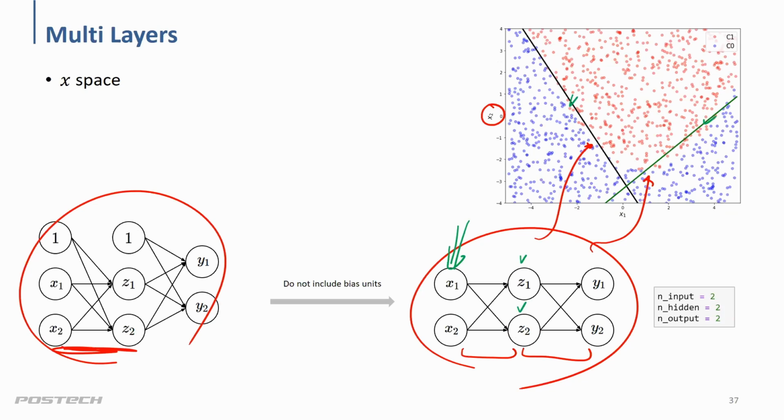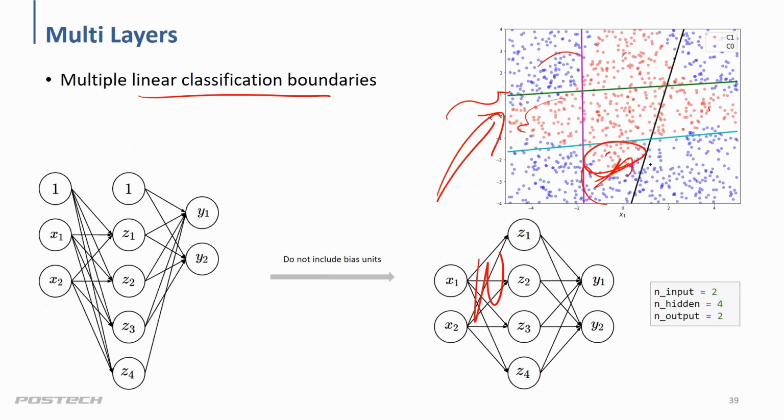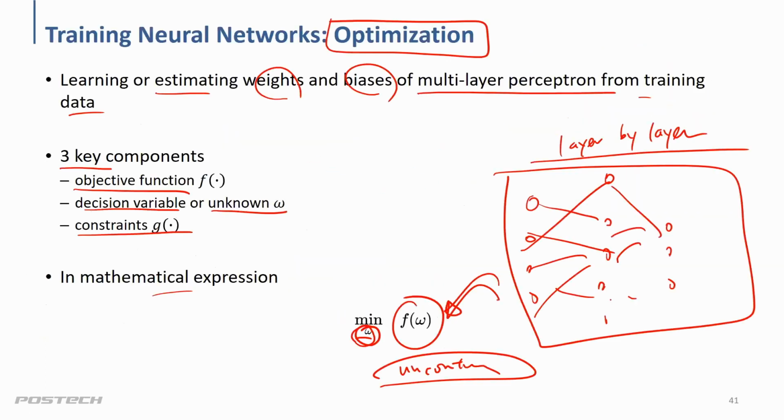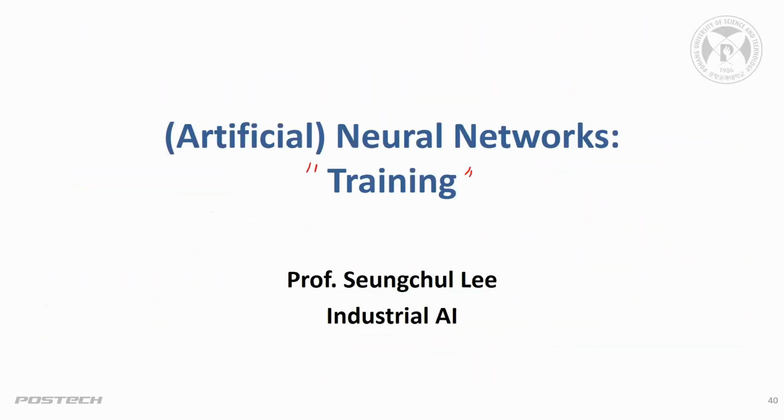So that's how you are supposed to think and take a look at each layer. And if we add more neurons here, that means we're going to add more lines and classifiers. And how do you optimize?